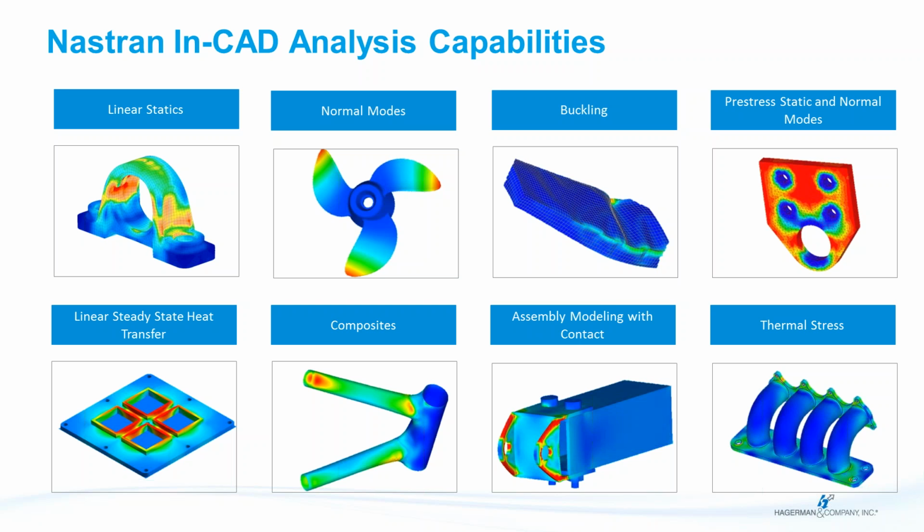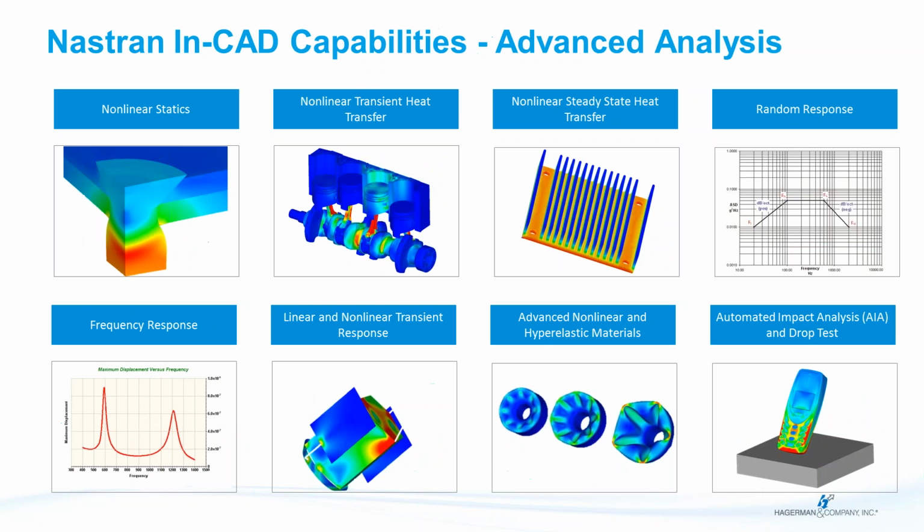So inside Nastran, we can do the linear statics in the normal modes, buckling, the pressure and static and normal modes of an object, linear steady-state heat transfer, analyzing composites, assembly modeling with contacts for linear and nonlinear, thermal stress analysis, nonlinear statics. So we got a lot more stuff we can do here.